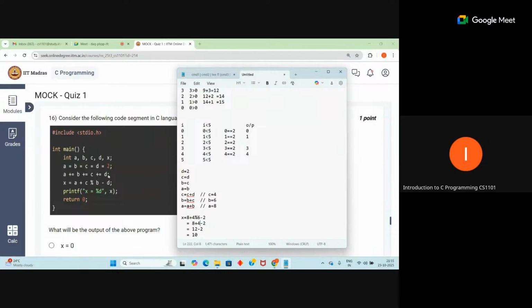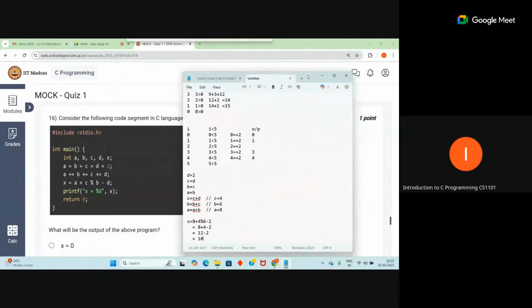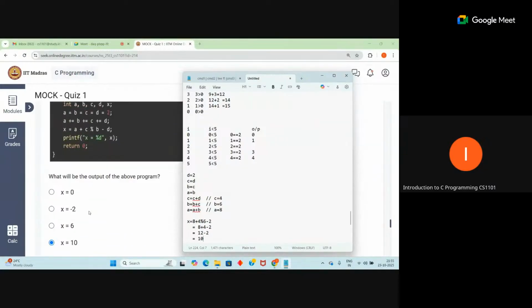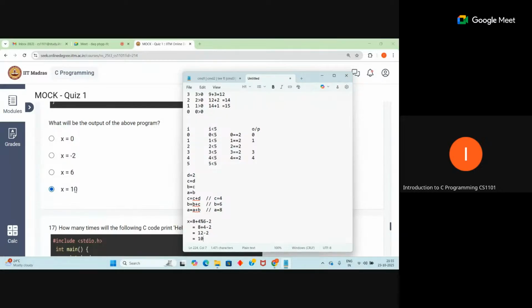That's why in the previous case, we executed from the right side to the left side, whereas here from the left side to the right side. So first we evaluate 8 plus 4, because plus comes first on the left-hand side. So 12 minus 2 is 10. So the answer, the X value, what was asked? Print the X value. So X is equal to 10.